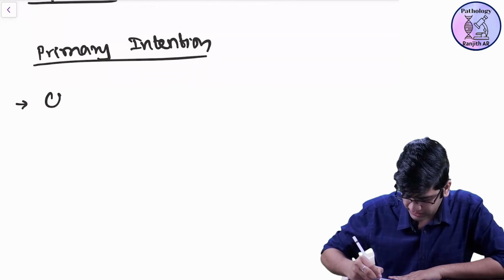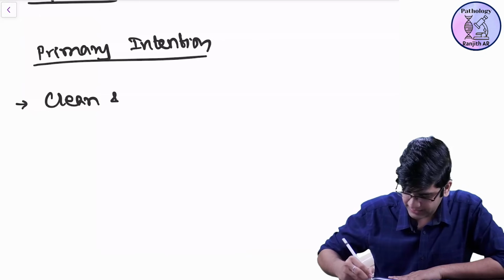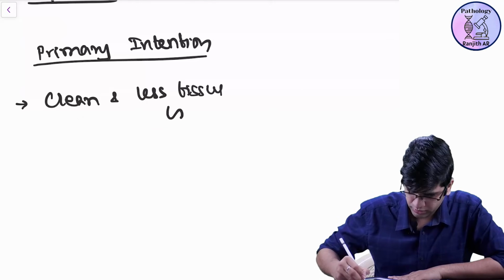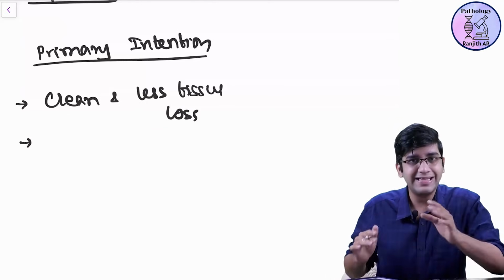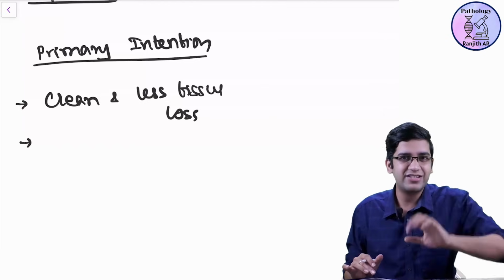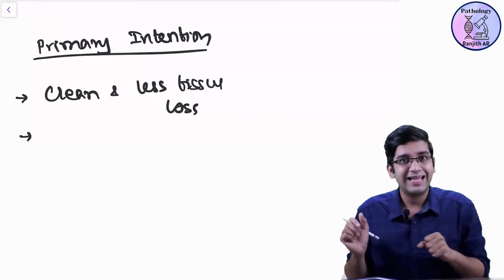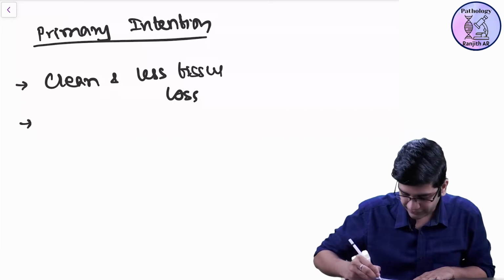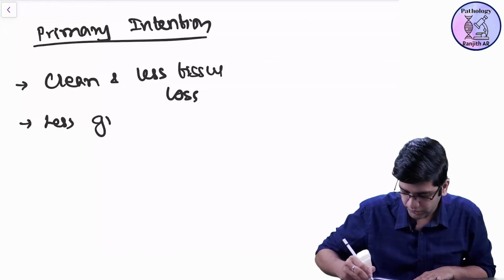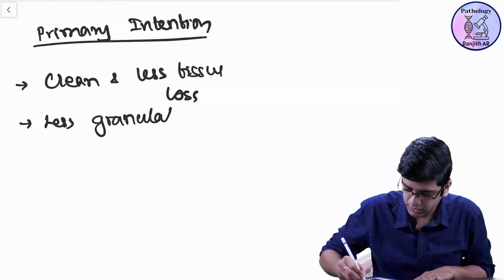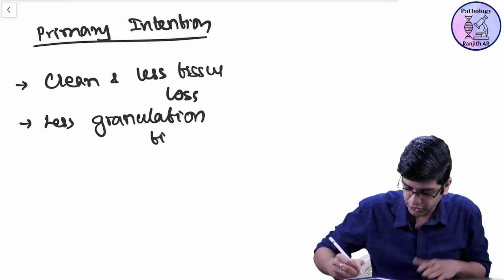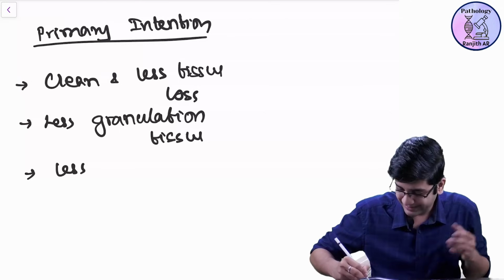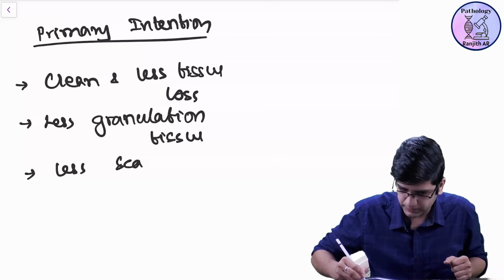Healing by primary intention means the wounds are clean with less tissue loss, which means less scar formation and a smaller amount of a tissue called granulation tissue. We'll see what they mean.